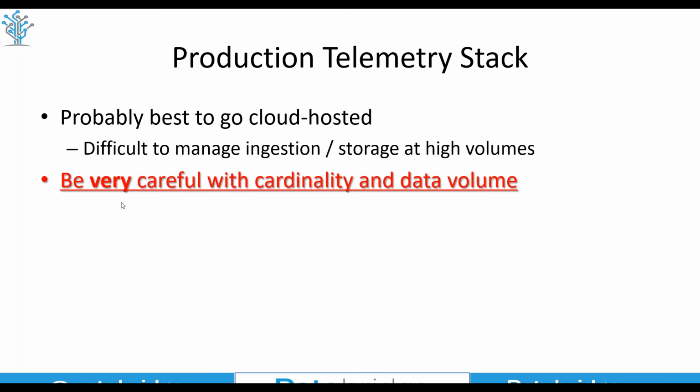Now, the thing you want to be really careful with is cardinality and data volume. Cardinality refers to uniqueness. For instance, one of the things we do not do in Phobos is tag metrics with the unique actor path. The reason being is that you can have potentially millions of those running inside a system.